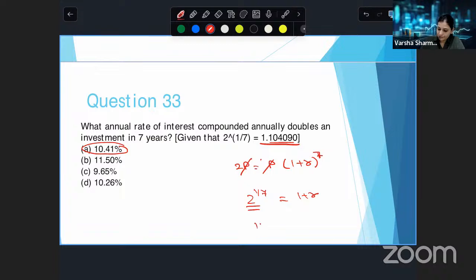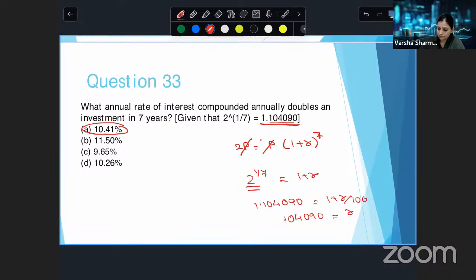This value is given to us. 1 माइनस करोगे तो 0.10409, r/100 होता है ना. तो 10.409, 10.41.